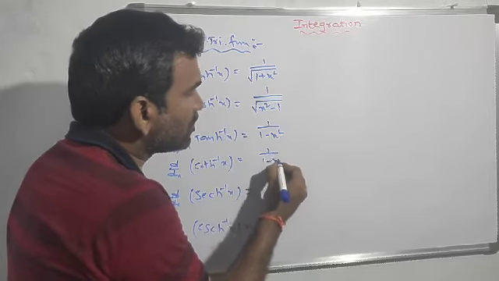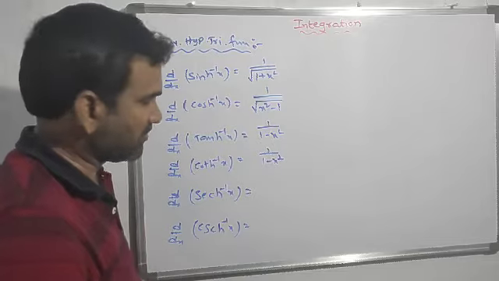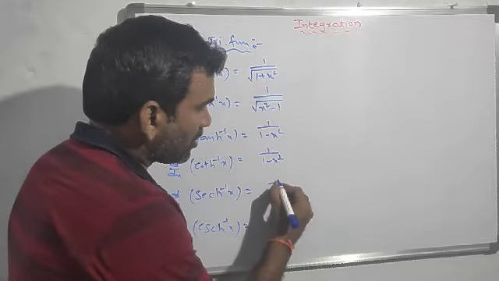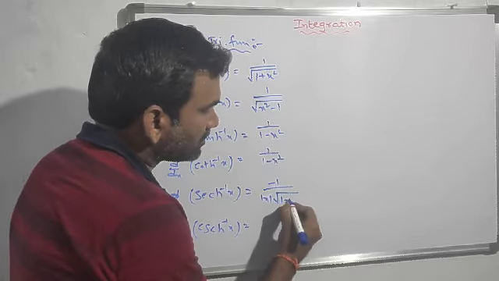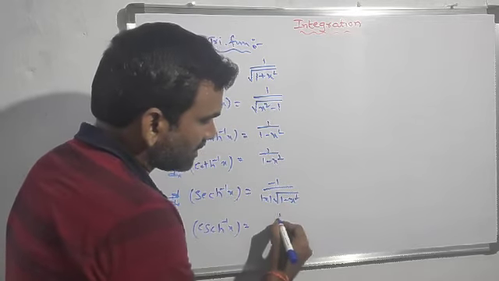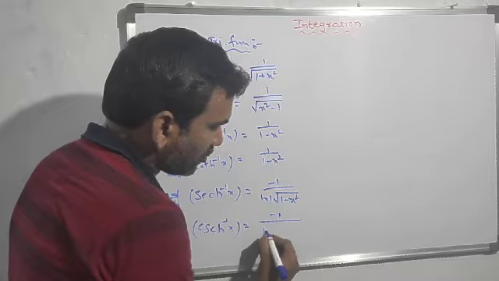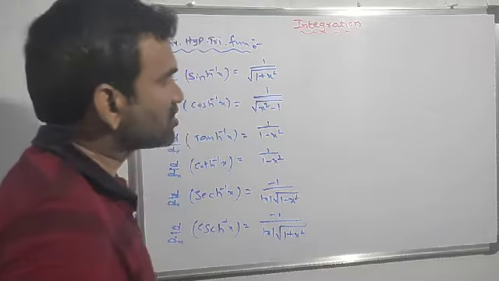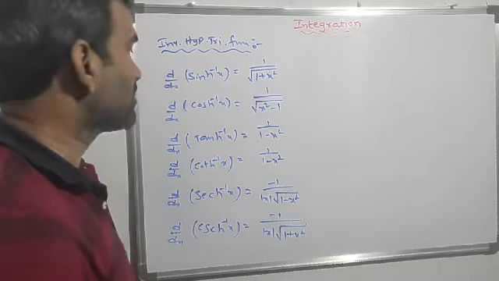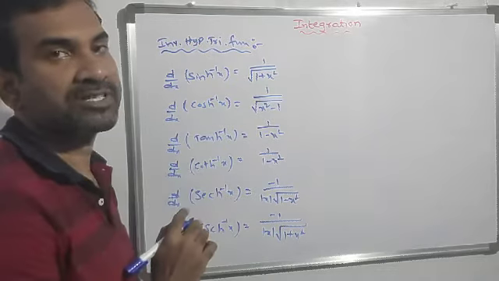Next, secant h inverse x is minus 1 by modulus of x into square root of 1 plus x square. So these are the differentiation formulas for inverse hyperbolic functions.